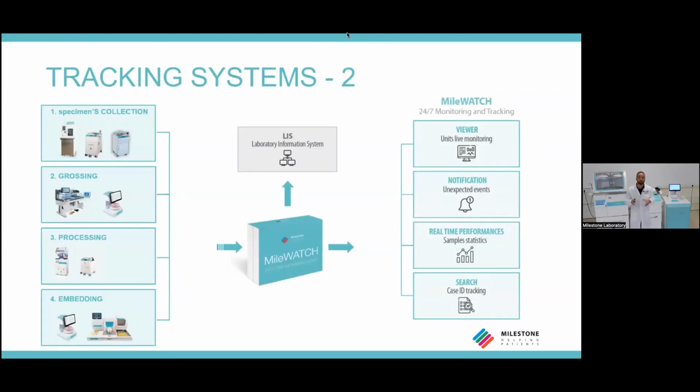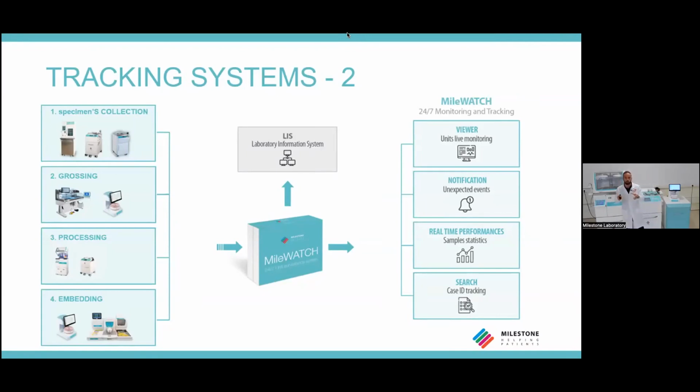So in order to intercept and avoid the above errors and to improve specimen traceability, Milestone has developed the Milewatch software that tracks the specimen data along all the steps of the specimen journey, from the collection to the pathology microscope.